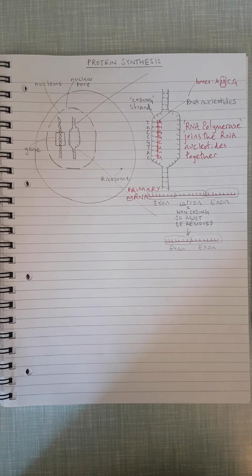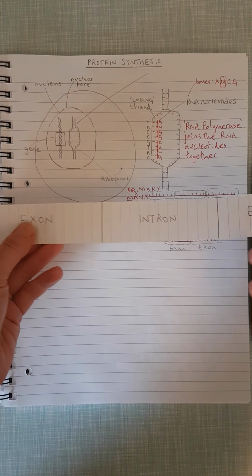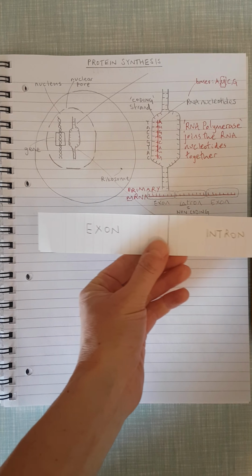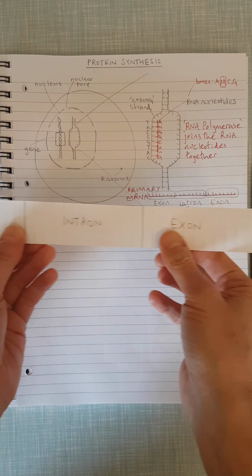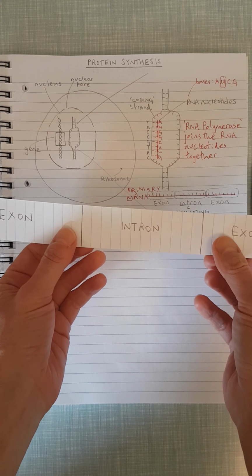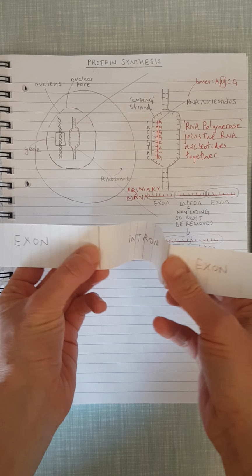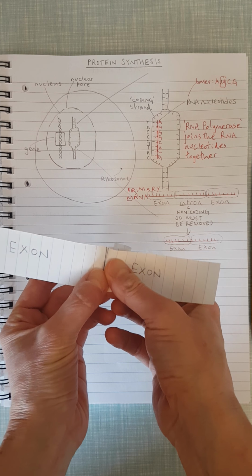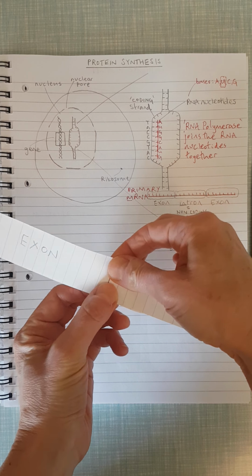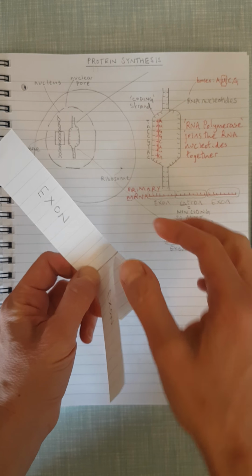Let me show you what I mean. So I have here a piece of mRNA. There's the exon, there's the intron, there's another exon, and we want to get rid of that intron. So what we do is we just pull the right hand side of that exon to the left hand side of that exon. There we go. And you can see that the intron has been pulled up into a loop.